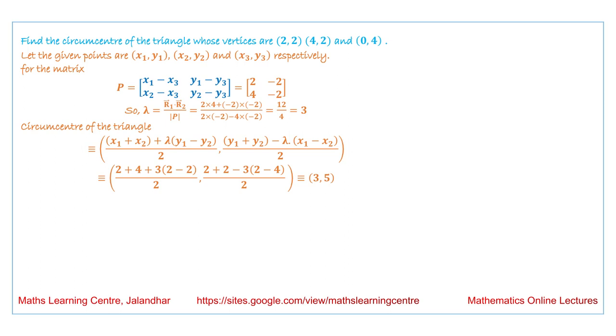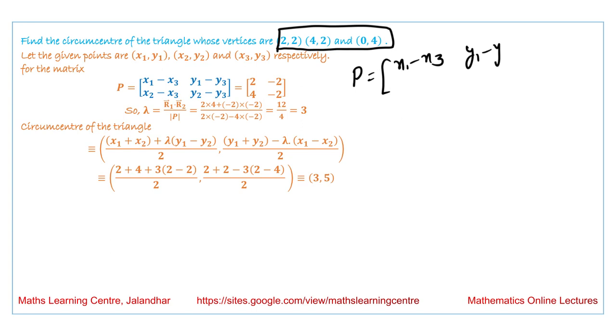So for the problems based upon these formulas, the first one we have is: find the circumcenter of the triangle whose vertices are 2, 2, 4, 2 and 0, 4. So these are the three vertices given to us. First of all, we calculate the matrix P. It is given by x1 minus x3, y1 minus y3, and x2 minus x3, y2 minus y3.